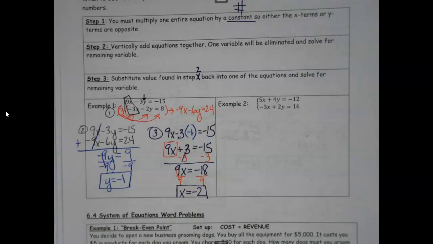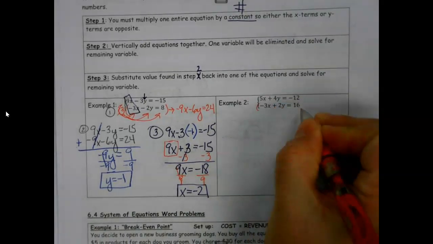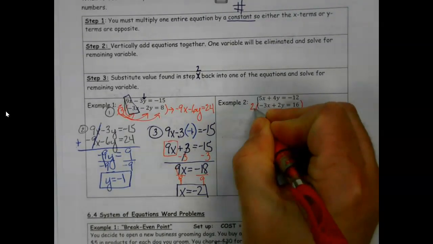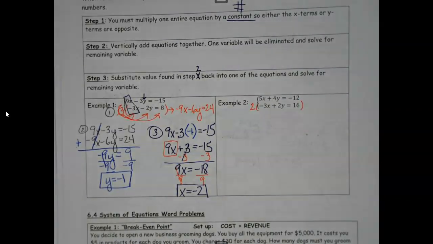Can I multiply 2 by something to get 4? Okay, I can. If I just made it 2, that would be a problem.